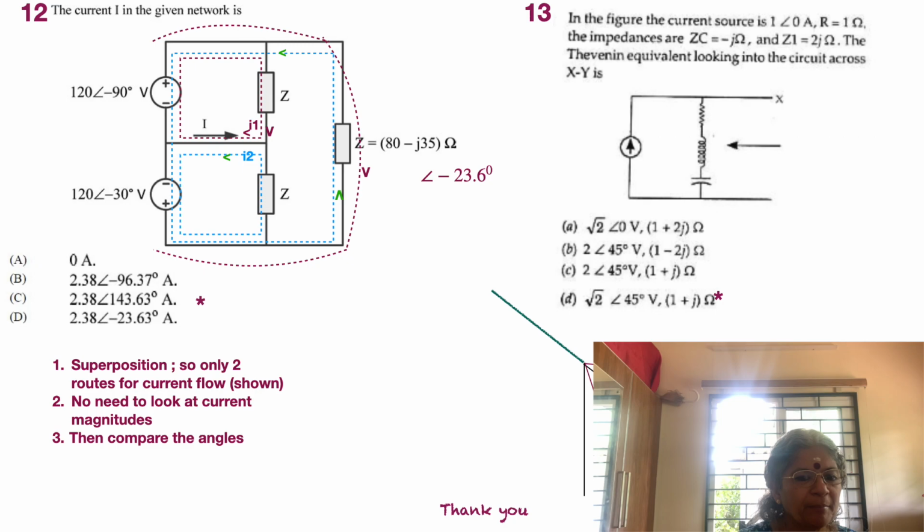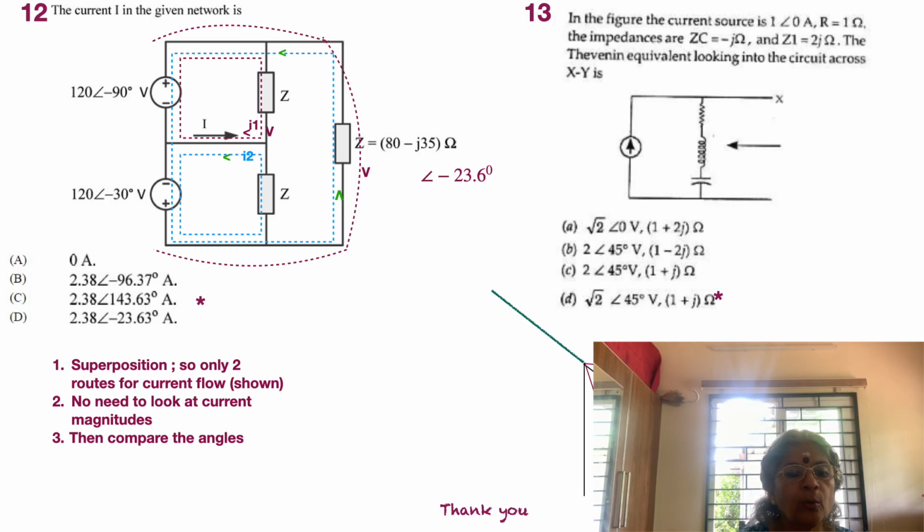Looking at problem number 12, we see that there are two sources, 12 angle 90 and 120 angle minus 90, 120 angle minus 30, oppositely directed, pushing currents through a network of impedances, each of 80 minus j35 ohm impedance.